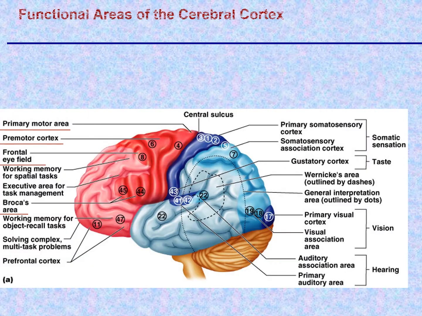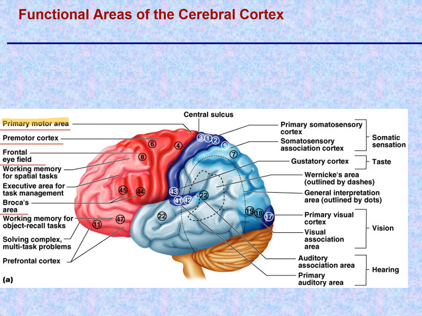In terms of the location of these things, they're shown here. I've underlined all four of those: primary motor area, premotor cortex, the frontal eye field, and Broca's area, but let's leave it at that, okay? Here, what's highlighted is not the lobes in different colors, but areas in terms of what they're responsible for in terms of function.